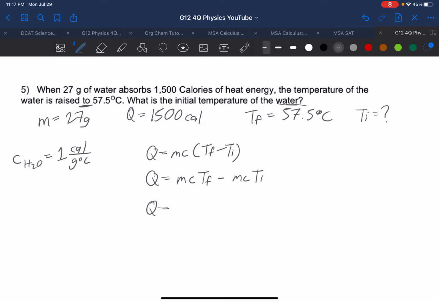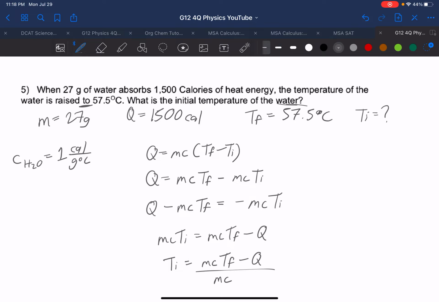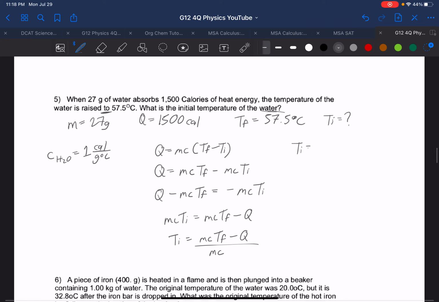It actually is better to distribute it, to modify the equation before we substitute the values. C is 1.